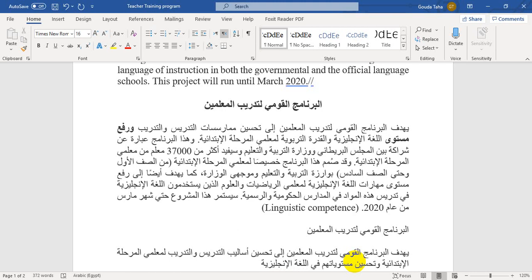Now again we try to make the translation a natural one. So it sounds like Arabic.